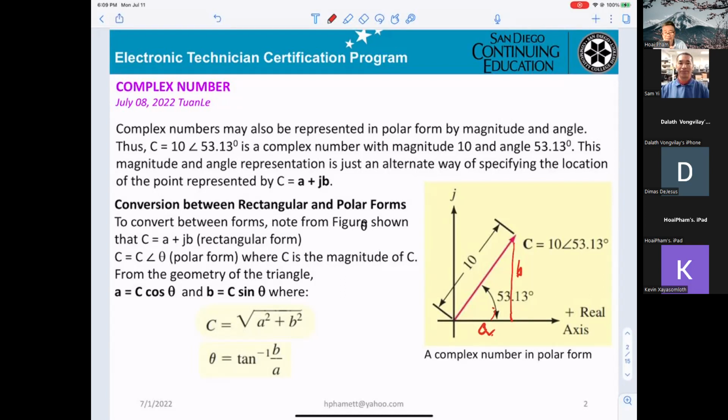And this is what they call a complex number in the polar form.